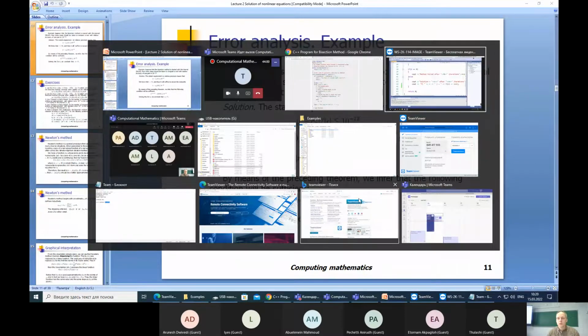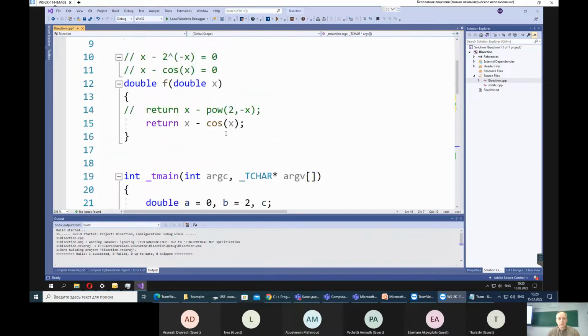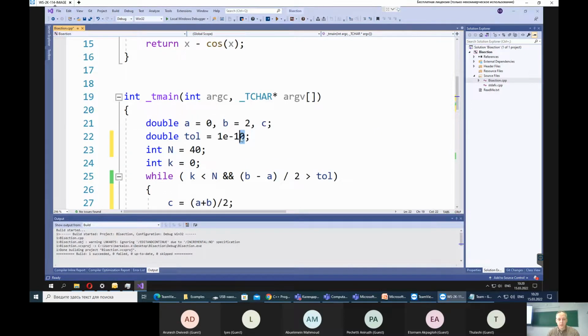And let's check it. Of course, I take some other interval. Here we have the length of the initial interval 13. In this example, the length of the interval is 2, b minus a.